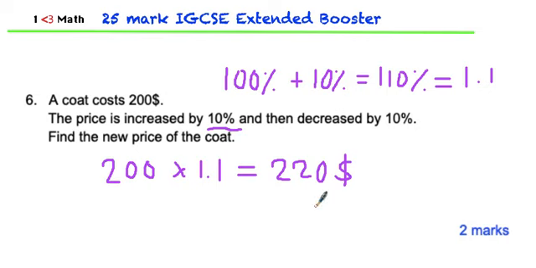Now, the reason it's a different value as the outcome is because 10% of 220 is $22. Now, the multiplier we can use if we're decreasing by 10% is 100% minus 10%, and that's 90%.